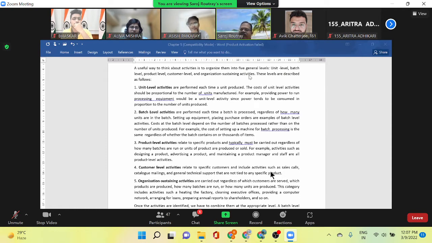But if that die is only prepared for that customer and thereafter it is not having any use, it becomes a customer level activity. Okay, if you can use that die for producing more similar kinds of product and sell it in the market, then it's a product level activity. Otherwise, it's a customer level activity.